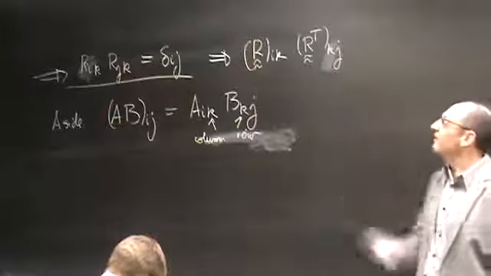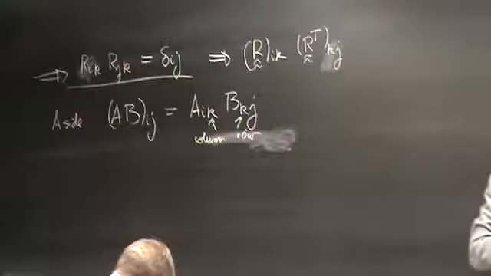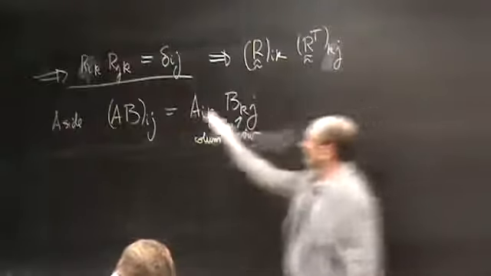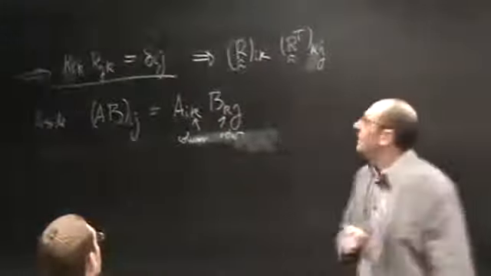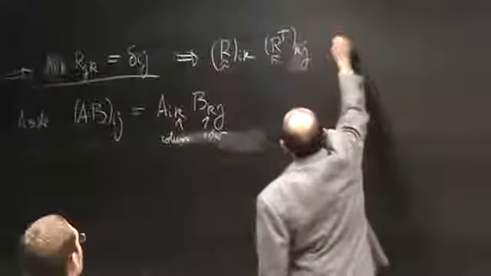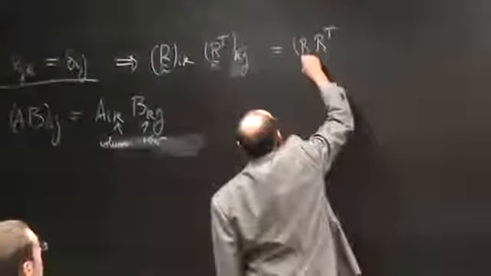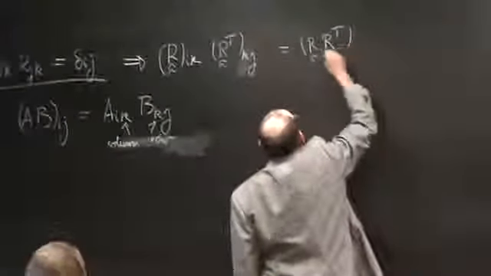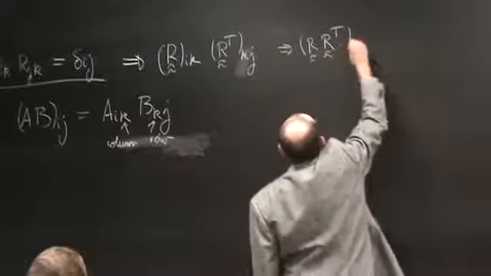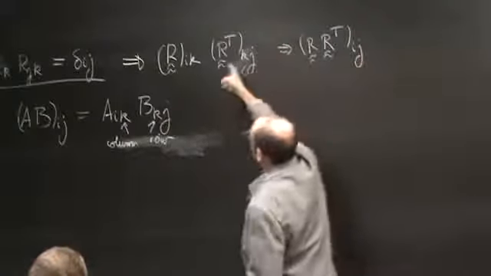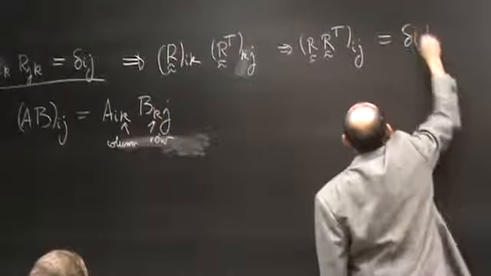When you take the transpose, you switch the row and the column, which means switching these two indices. So this is equal to R times R transpose, ij. When we sum over K, that's matrix multiplication, and that equals delta ij.